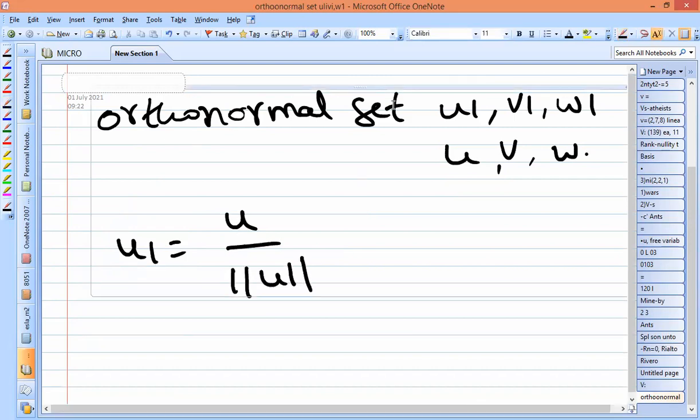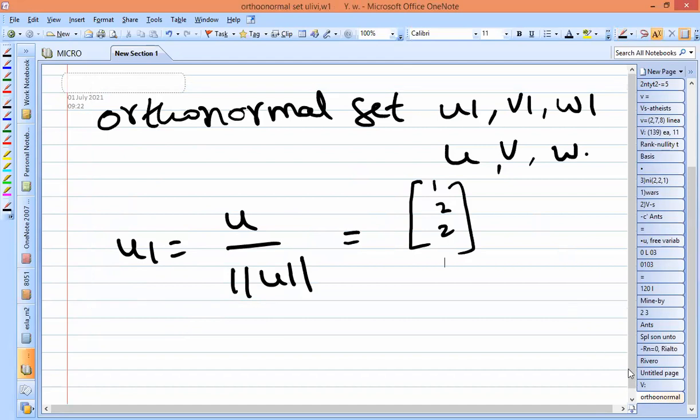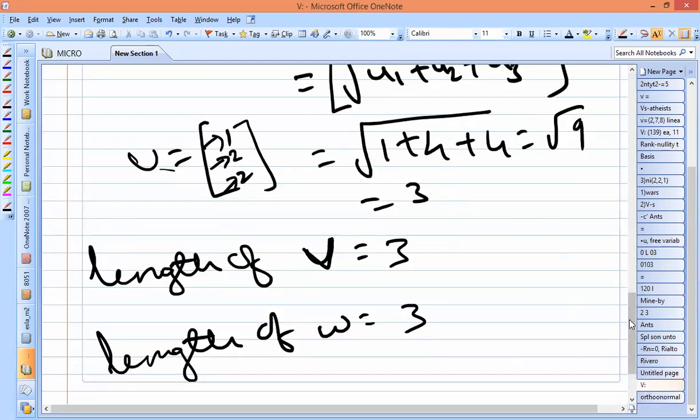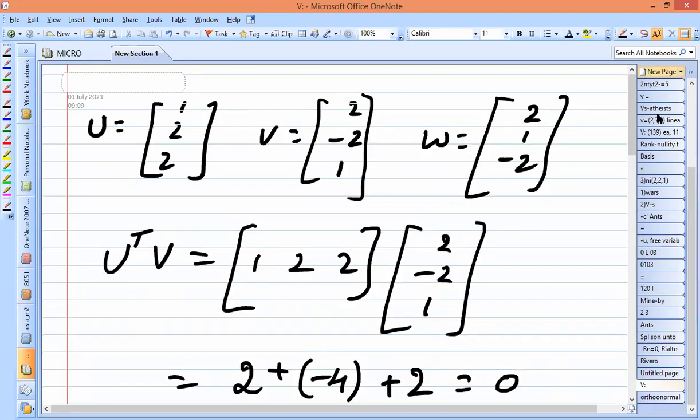So in order to get the orthonormal set, we go with U1 is equal to U by length of the vector U. Here we know that U is nothing but the matrix element that is given, that is 1, 2, 2. The elements of U you can see previously. So the same elements we are going to substitute, divided by its length.